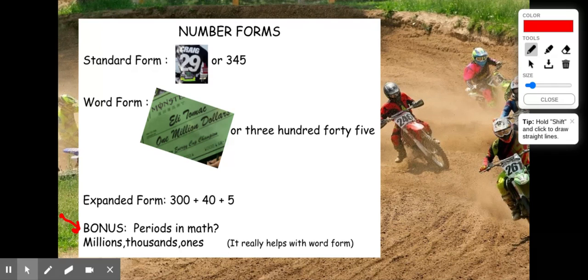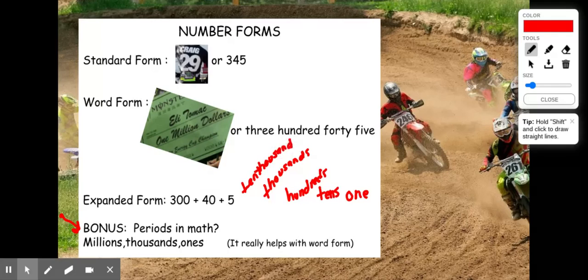The way the place value works, you have ones, and then tens, and then hundreds, and then thousands, 10,000s, and it keeps going. But when you write out a number, let's say the number is 34,643, you separate the periods with a comma. And that's just how you write the number.